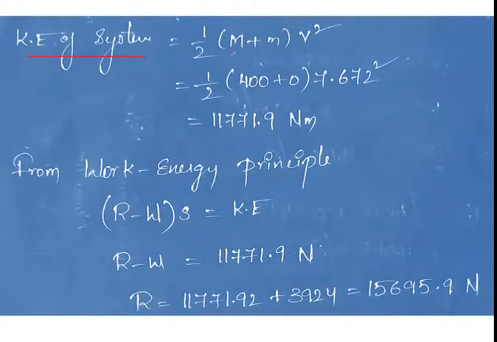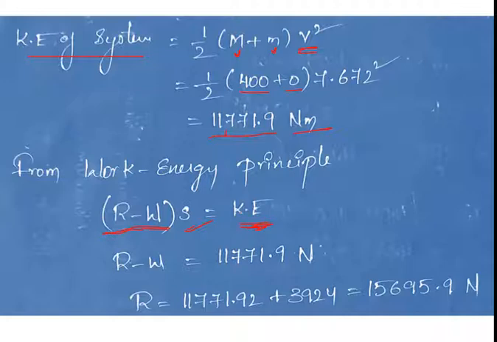This is the mass of your hammer, and this is the mass of your pile, which is 0, and the mass of your hammer is 400. Just now we found that the velocity is 7.672, squared, and after substituting all the values, you are going to get 11,771.9 newton meter. From the work energy principle, we have the total resistance into the distance equals the kinetic energy.